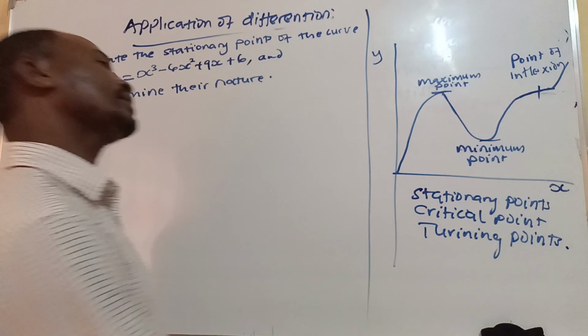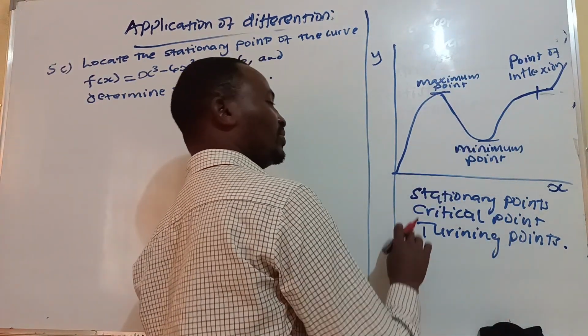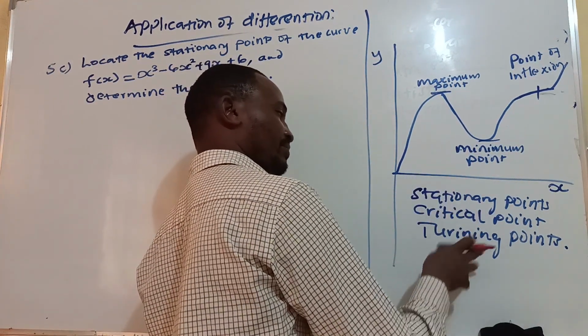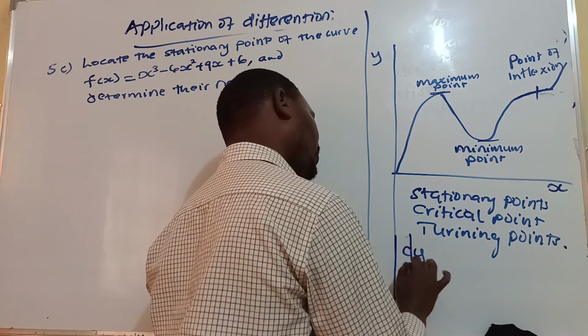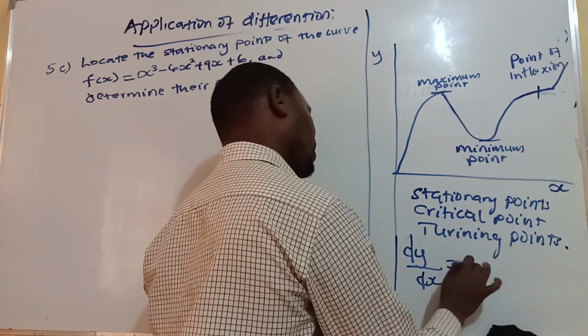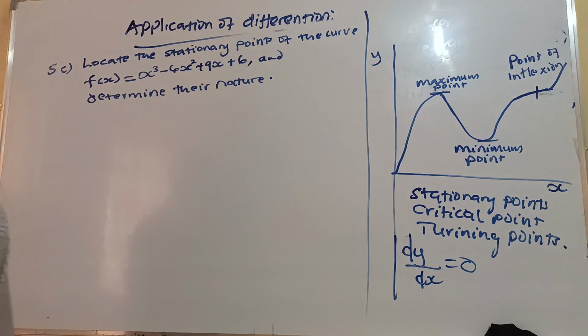Now, at points where we have the stationary points or turning points, the derivative of y with respect to x is equal to 0. That's something we should note.